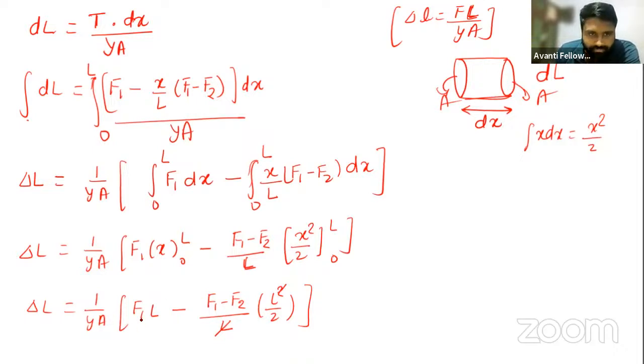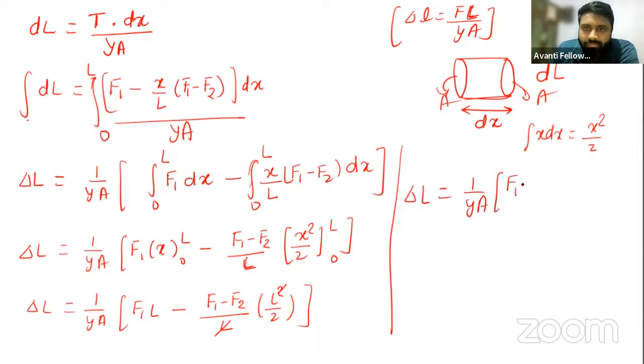So you will see what is left. Delta L we have as 1 upon YA into F1L minus F1L by 2 plus F2L by 2.